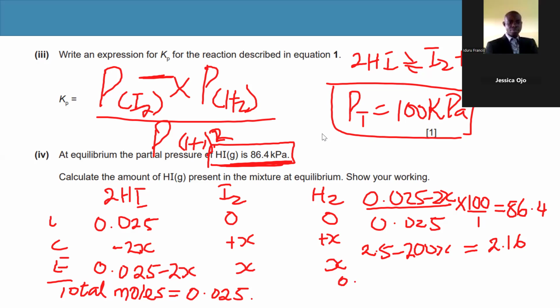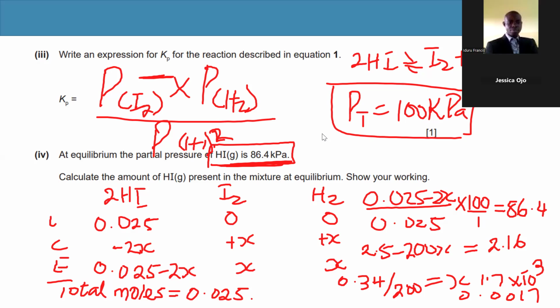Divided by 200, 0.34 divided by 200 equals x. So x is equal to 1.7 times 10 raised to the power of minus 3, that will be 0.0017.